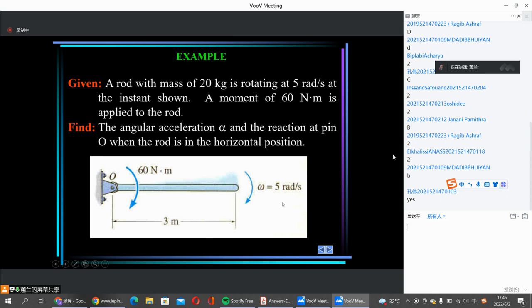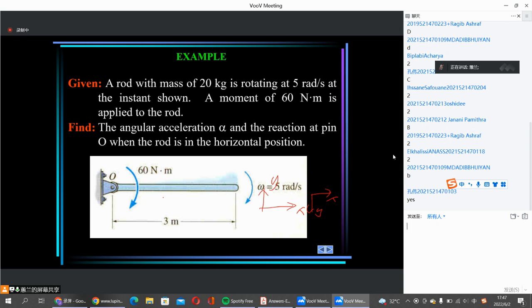So we can just establish the coordinate system, horizontal x and y, or as you wish. Just follow the same specification in your calculation.